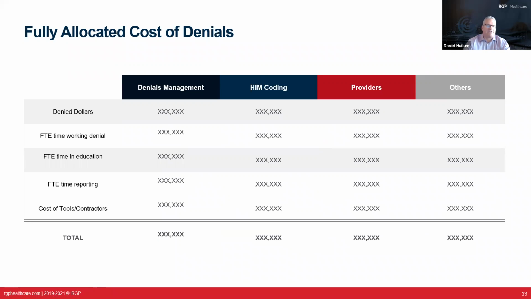You've also got the FTE time in reporting: building the reports, disseminating the reports, responding to the reports, et cetera, right? Then you have your cost of tools and your contractors. Well, as you drop the denied dollars in here and you estimate the time at a standard rate of FTE, right? Physicians are going to be higher than HIM and coding and others. But as you start to look at that, then you get a real dollar impact.